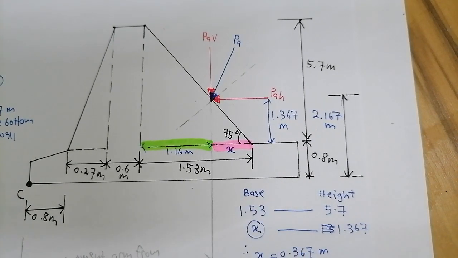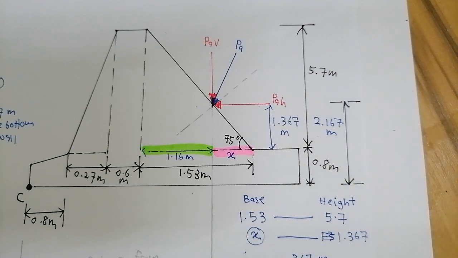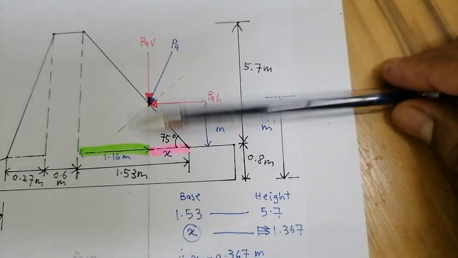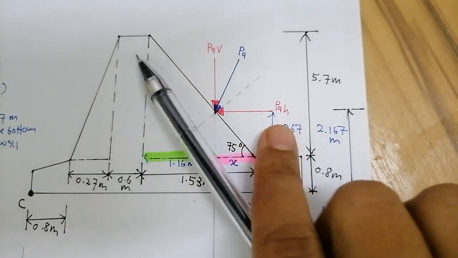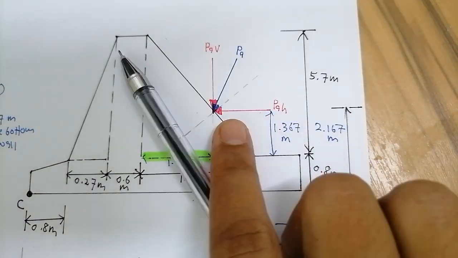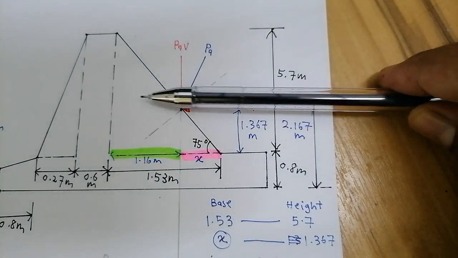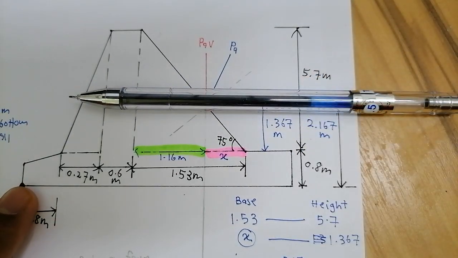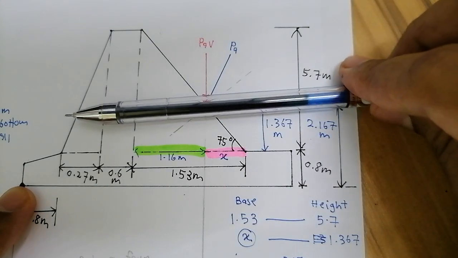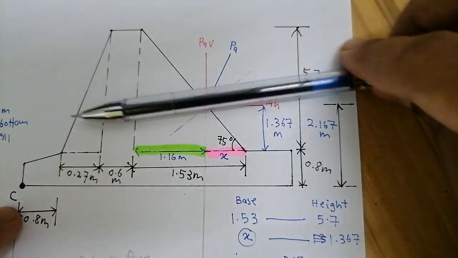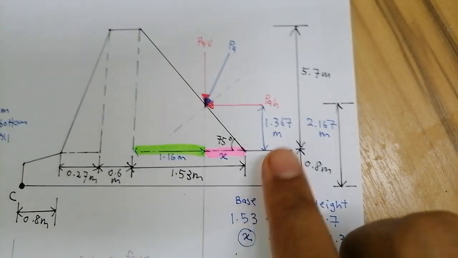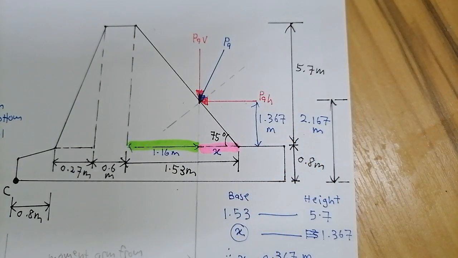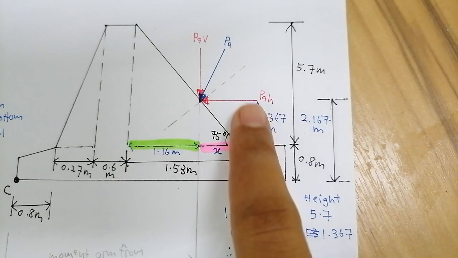All right, so if you look here, there is only one force that is going to cause the retaining wall to overturn, which is PAH, okay? It is pushing the wall, see? This is horizontal, isn't it? So PAH is pushing the wall, and if PAH is big enough, it might cause your wall to overturn, terbalik, all right? So we have to calculate the moment caused by PAH.